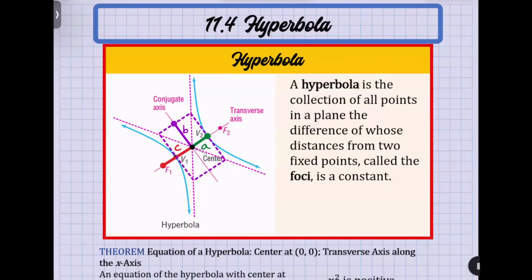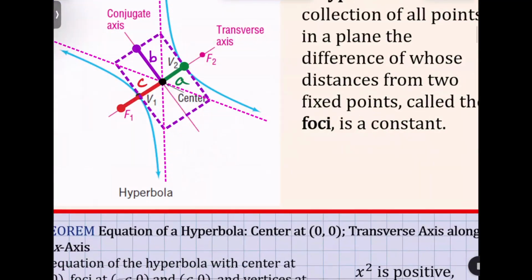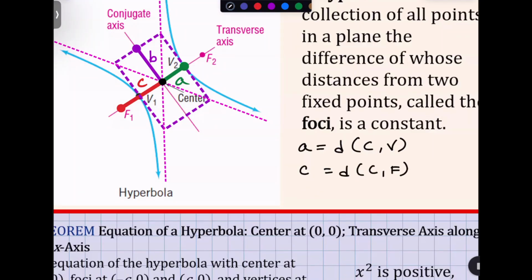So A is still the distance from your center to your vertex. C is equal to the distance from your center to your focus. And B is equal to the distance from center to, I don't even know what to call B. I'll leave that alone for now.